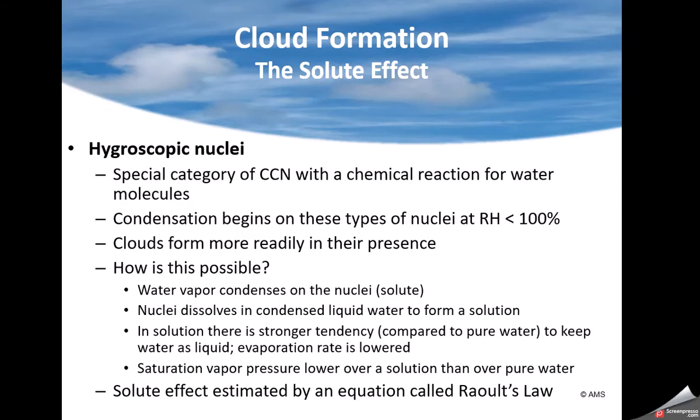So there is something called hygroscopic nuclei. Their special category in this case is condensation, or CN, nuclei. What happens is that these nuclei, a little dust particle maybe or salt or whatever, actually create a solution, a solute effect, in these little tiny droplets.